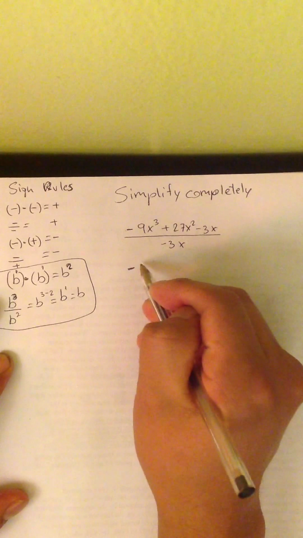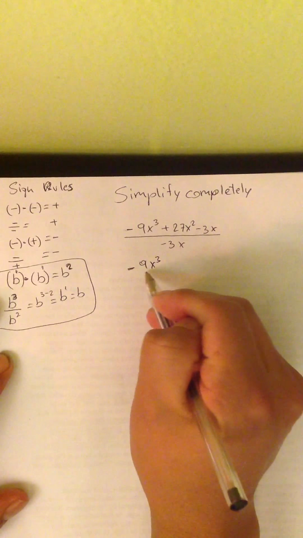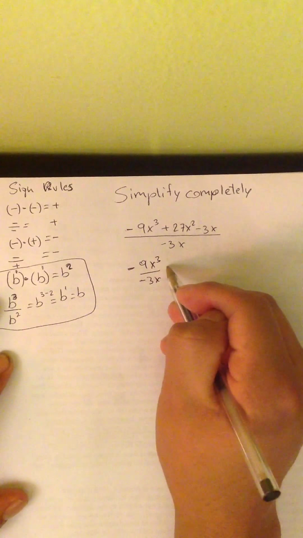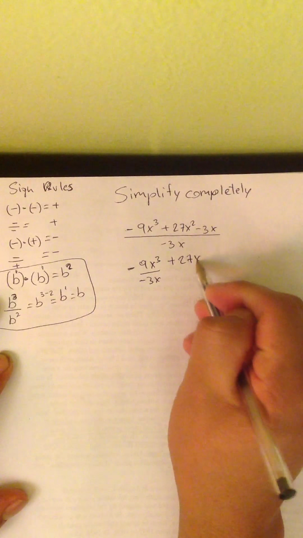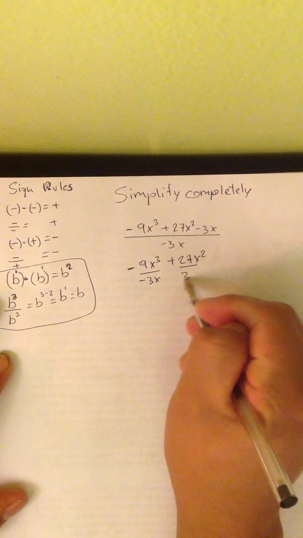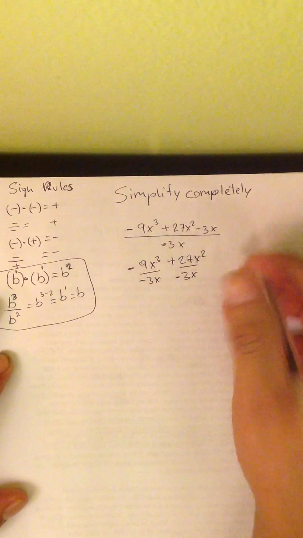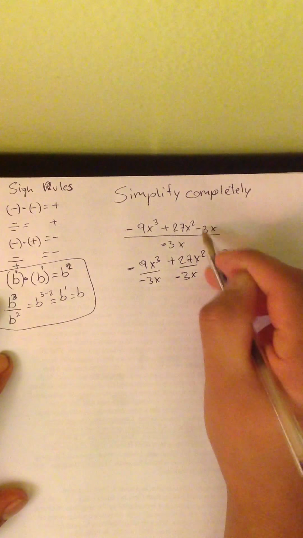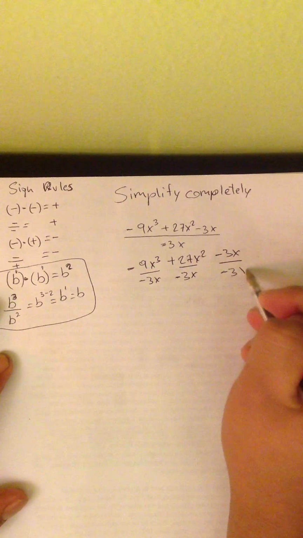So 9x cubed divided by minus 3x, plus 27x squared divided by 3x. The sign on the bottom is negative, so we have to keep it. So minus 3x, because it has a negative sign. The bottom has a negative sign, so 3x.